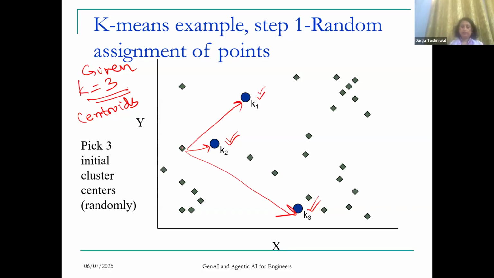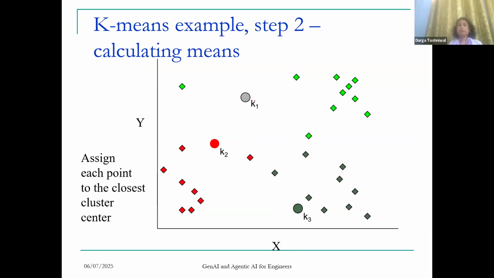Say, for example, this point is closest to cluster K2, so it will be assigned to K2. If we look at some other point and see how far it is from all of these, then accordingly we'll assign this point to cluster K1. So we look at the distance of the points and assign the points to the respective cluster center, meaning the cluster center which is closest to that point.